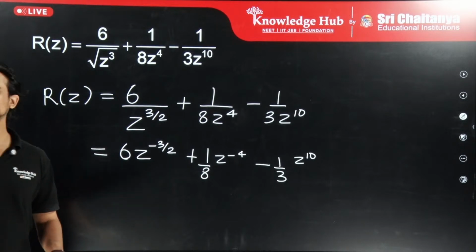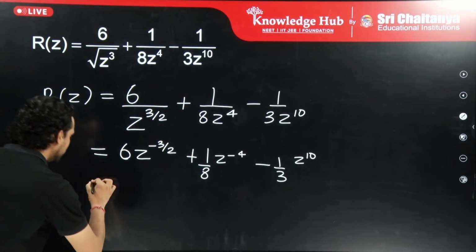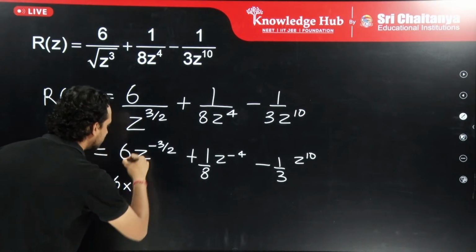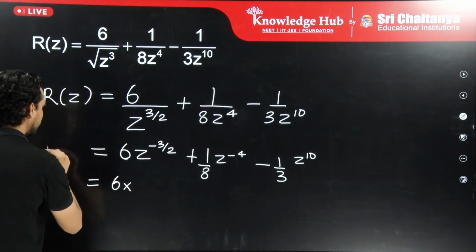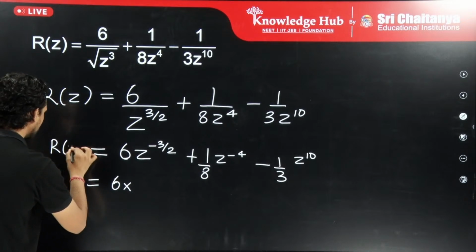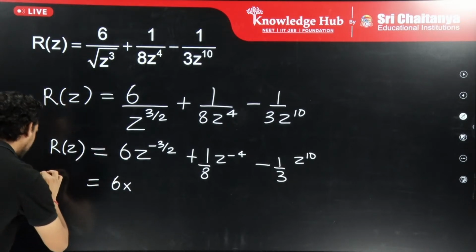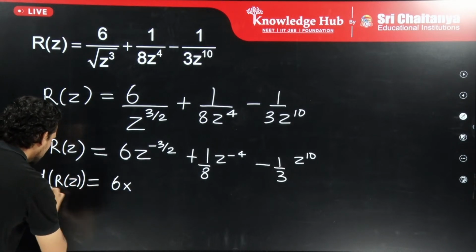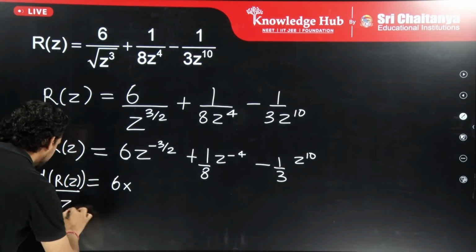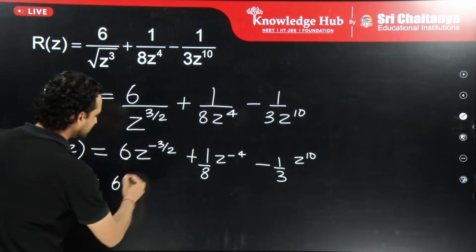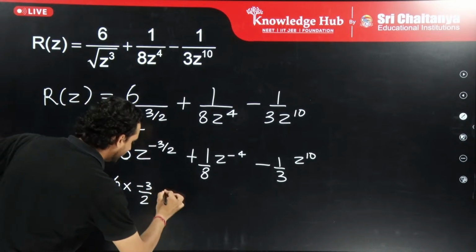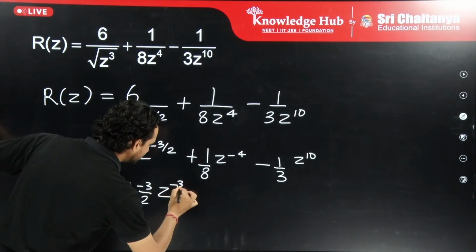Why z? Because z is my input variable here. So if we try to solve it, I'll get 6 into, so differentiation of, this is basically r(z) only, I will differentiate the function r(z) with respect to z. So what do I get? 6 into, this n will come forward and I will subtract 1 from n.